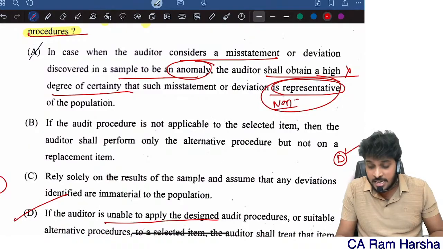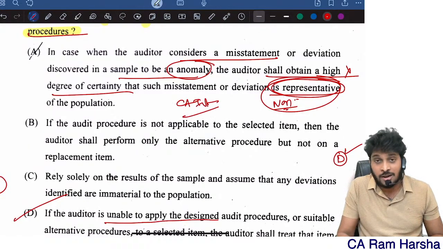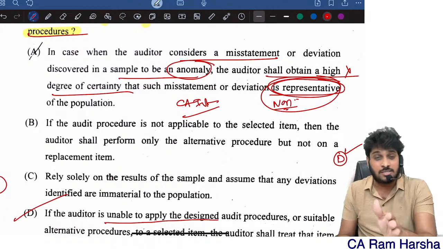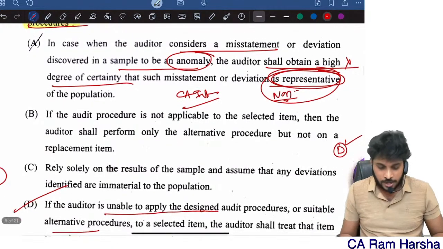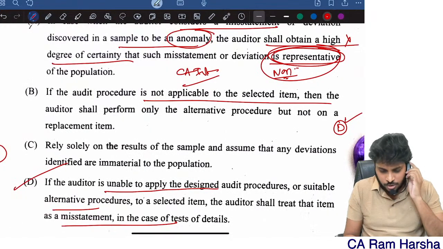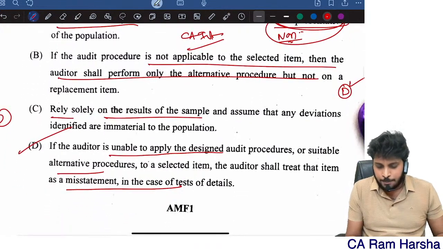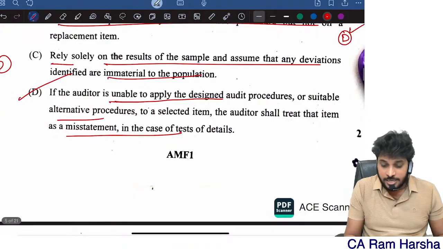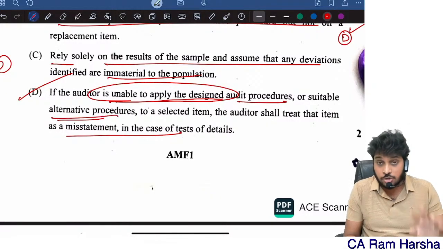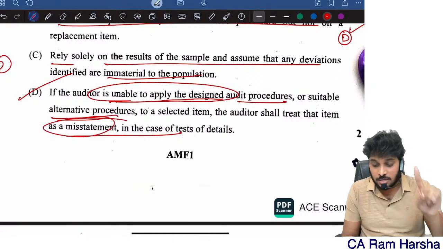That is the actual sentence, but since the word representative is used, the sentence is wrong. This is actually a CA Inter question, it is in my CA Inter material, and even in the CA Inter marathon I tell these points. Next, if audit is not applicable to the selected item, no, that is also wrong. Rely purely on the samples, no. If the auditor is unable to apply the designed or a suitable alternative procedure, then the item is treated as a misstatement.